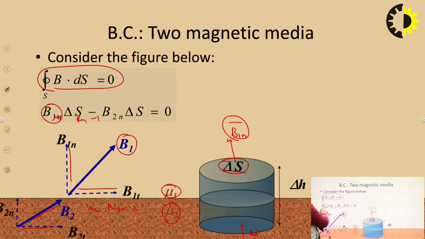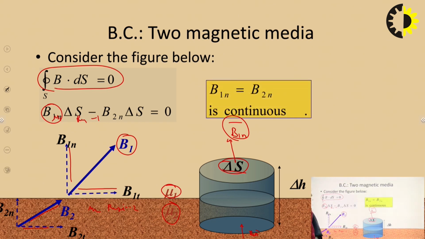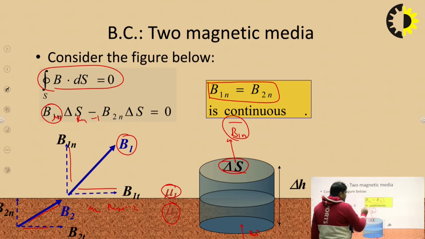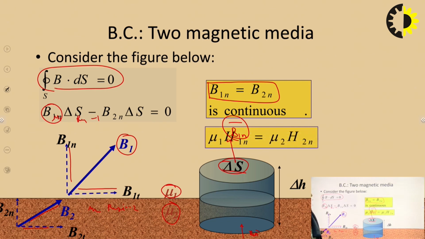That means B1n delta S minus B2n delta S is equal to 0. So B1n is equal to B2n, and we can say the normal magnetic flux density is continuous.